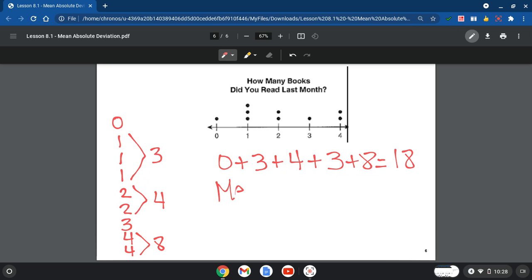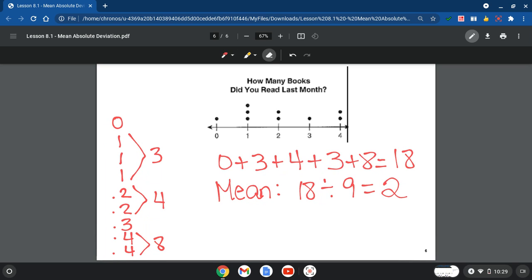So to find the mean, I will now take that 18 and divide it by however many pieces of data I have. So I have 1, 2, 3, 4, 5, 6, 7, 8, 9 pieces of data. Therefore, my mean is 2.